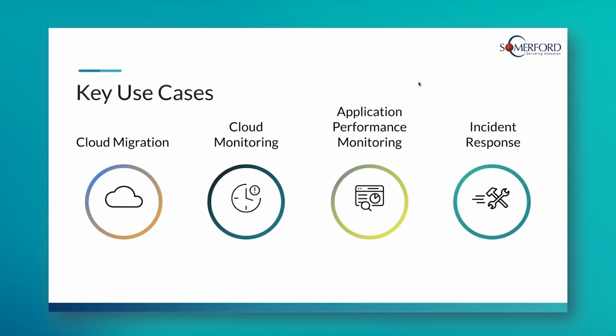Okay, so key use cases then for Splunk Observability. First up, cloud migration. Moving applications, moving infrastructure into the cloud. Splunk Observability can help do that seamlessly, no downtime or disruption, and help with the process of optimizing cloud costs and resource utilization.